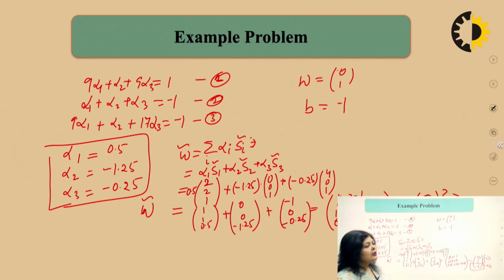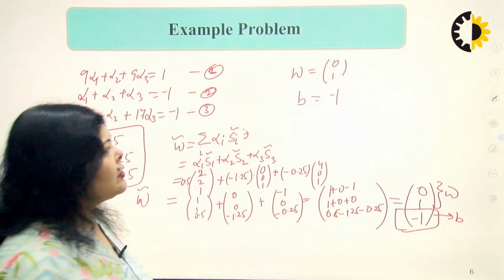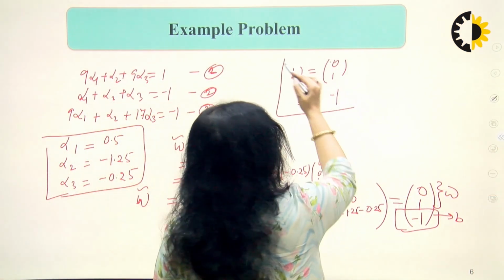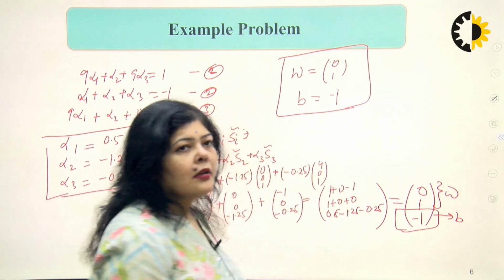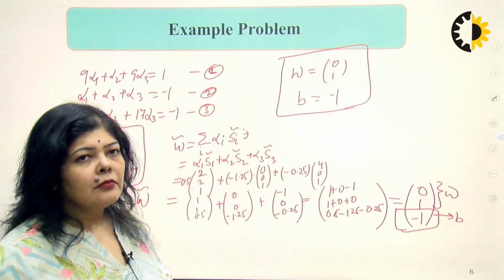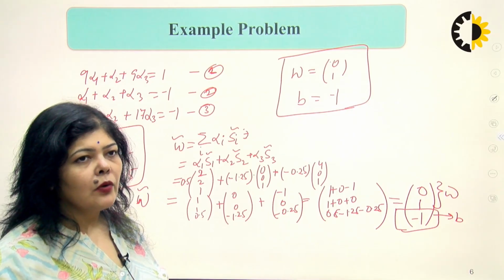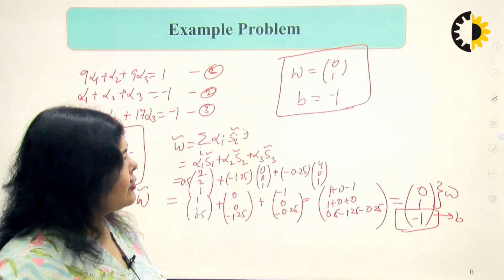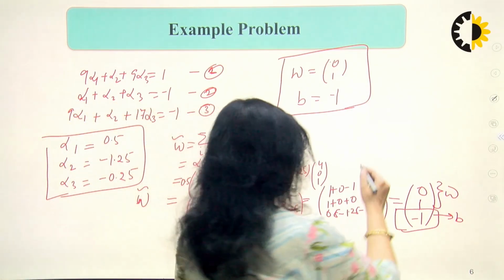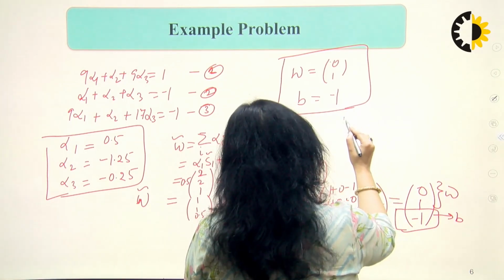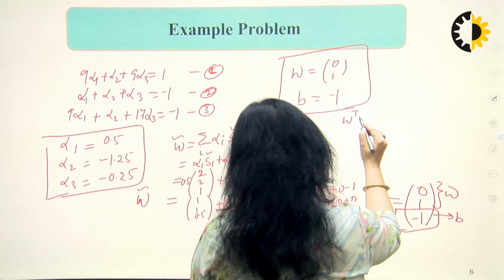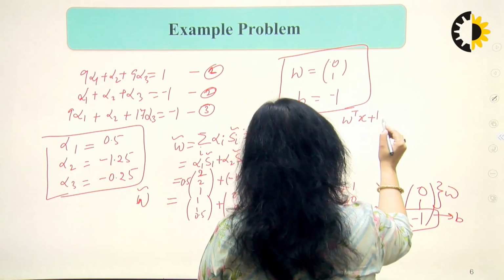Now the next question is, after finding out the value of the weight vector and the bias, how to draw the decision boundary. Okay, so here you can solve it further. For example, the original equation was W transpose X plus B is equal to 0.